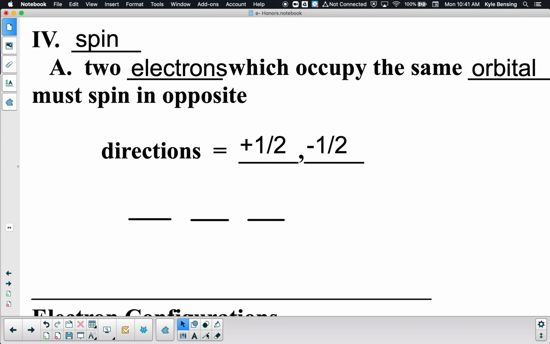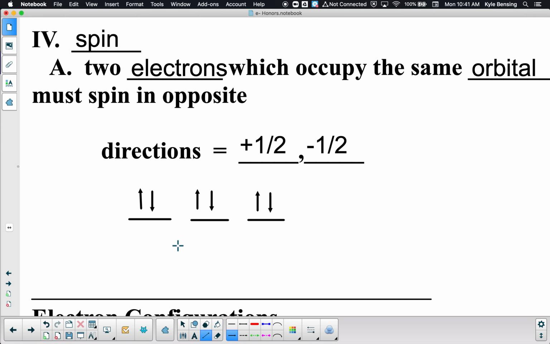So we use arrows. There's one arrow, there's one electron, and there's the other electron. So if this is the P sublevel, the lines are orbitals, and the electrons are the arrows pointing up and the arrows pointing down, like that.